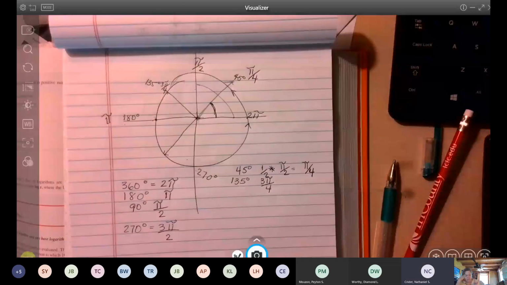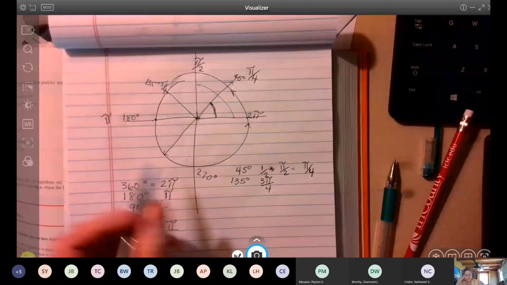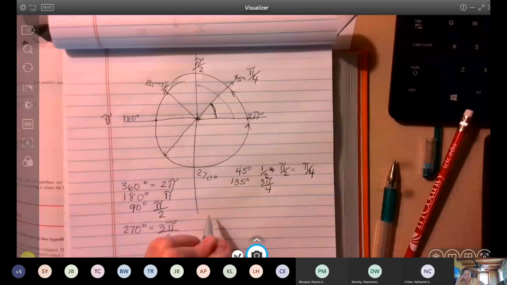Five pi over 4. So 4 pi over 4. So what's this angle degree? Sorry, that's supposed to be 45 degrees. Is that 210? 225. No. 5 pi over 4.